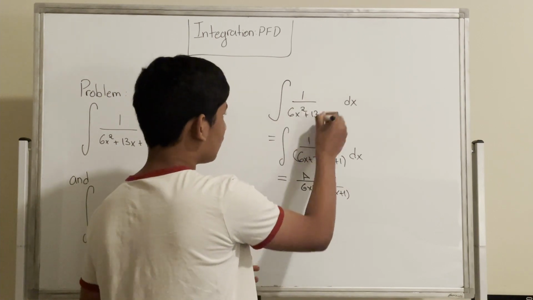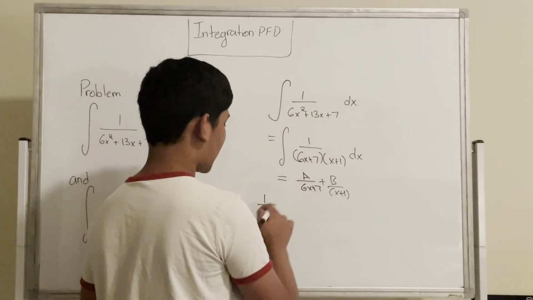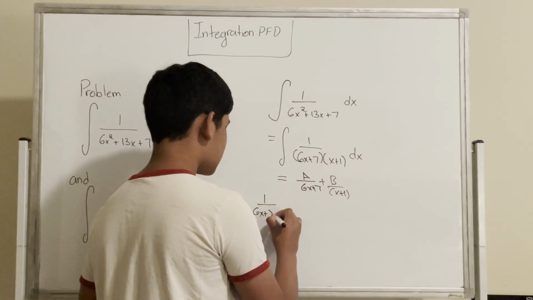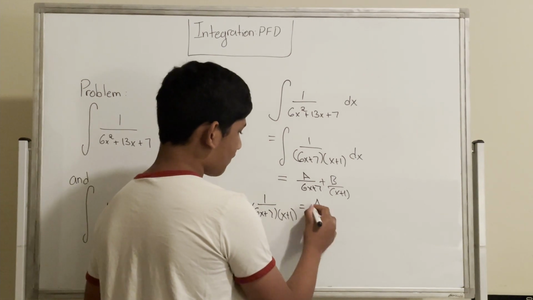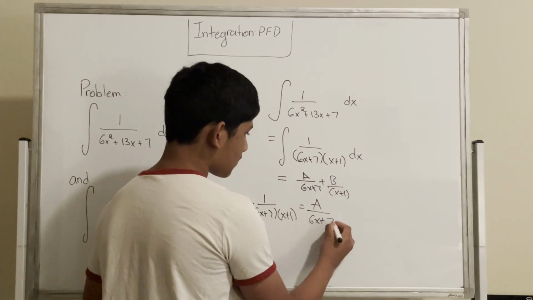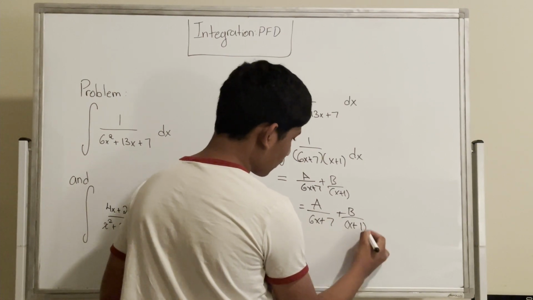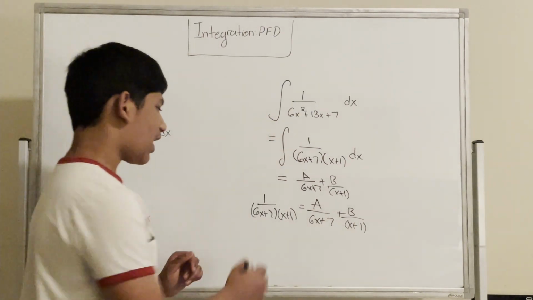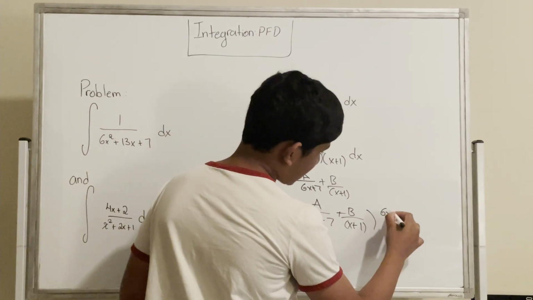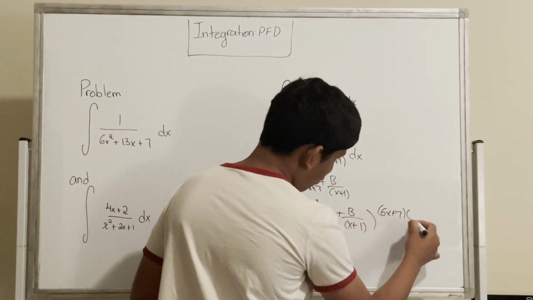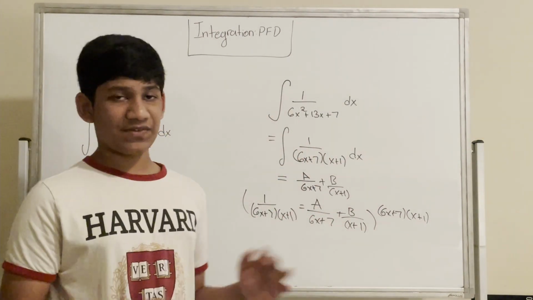Now let's just take the original fraction, 1 over, and we'll take it in the factored form, (6x + 7)(x + 1), equals A over (6x + 7) plus B over (x + 1). Now, let's multiply everything by (6x + 7)(x + 1). Well, what's the reason for doing this?